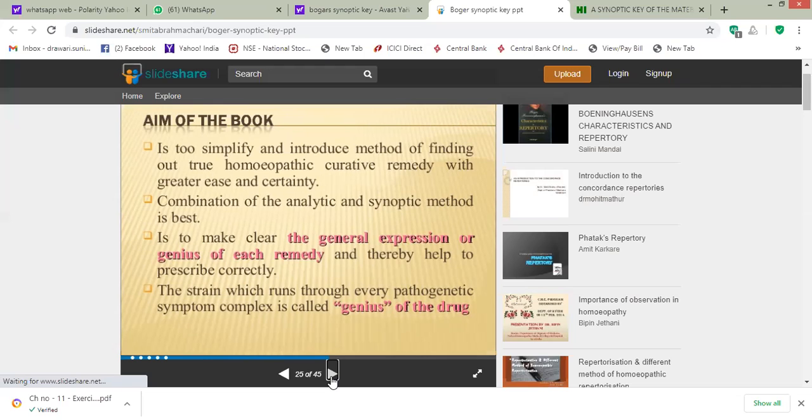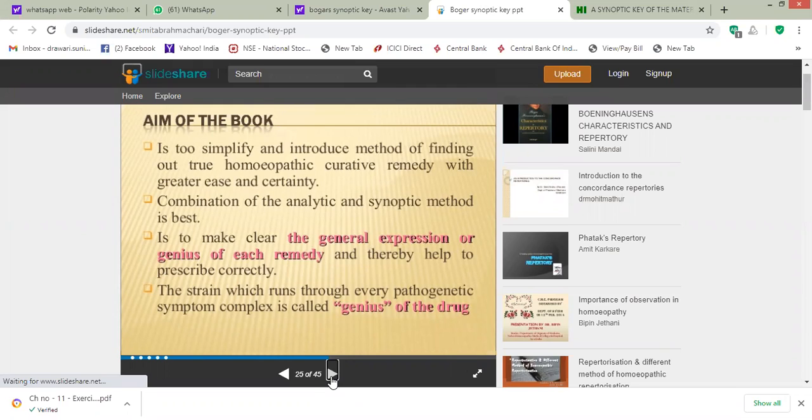So in this book the simplification of writing down the rubrics, constructing the repertory and materia medica part, was all done, so it was easy to find out the true homeopathic curative remedy in a very easy way.